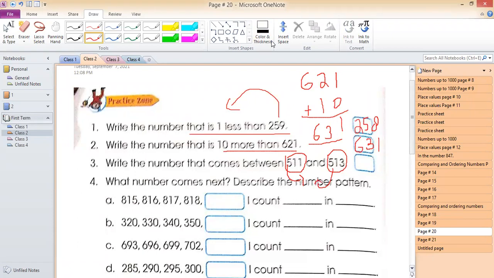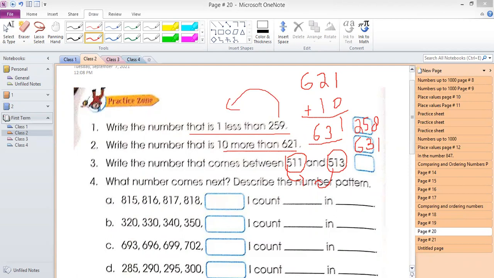So tell me the number which comes after 511. After 511, which number comes? 512. Very good. After 511, the number that comes is 512.